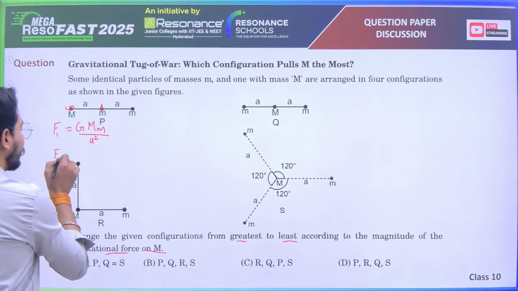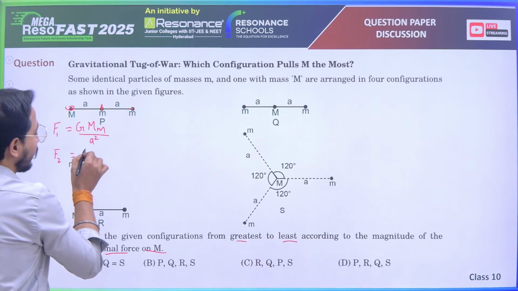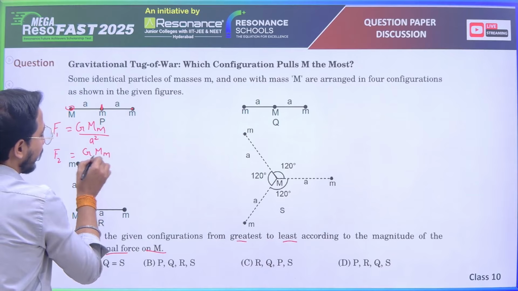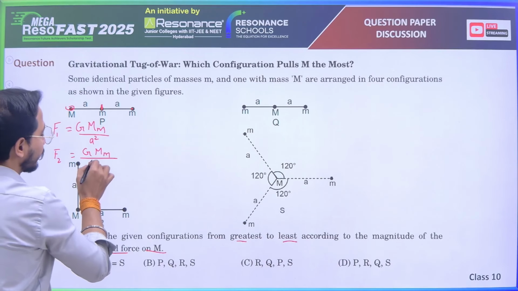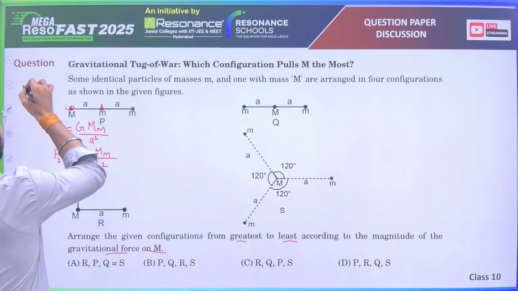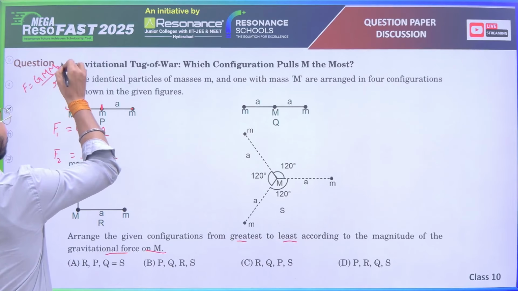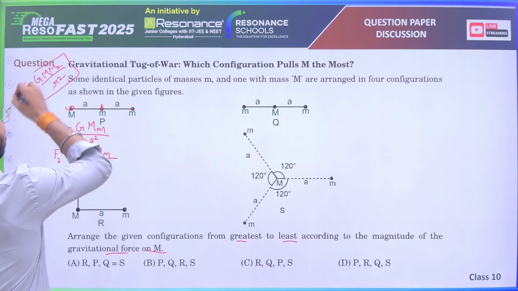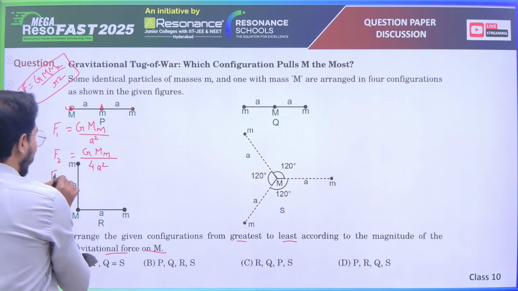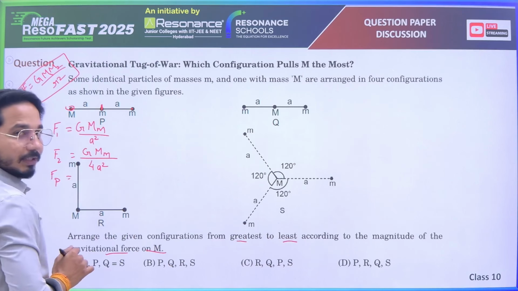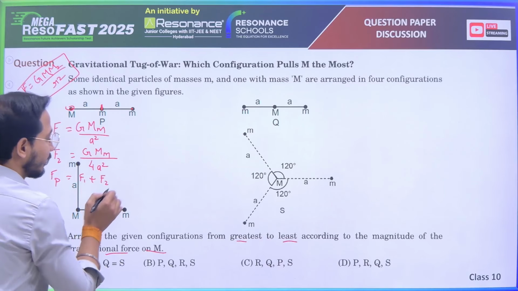Now force F2 acting on capital M due to this mass will be equal to capital G, capital M, small m by the distance of this mass from capital M, which is 2A. So I am writing 4A square, because the formula is capital G M1 M2 by R square. This is the formula for calculating the gravitational force, right? So F net at point P should be equal to F1 plus F2.